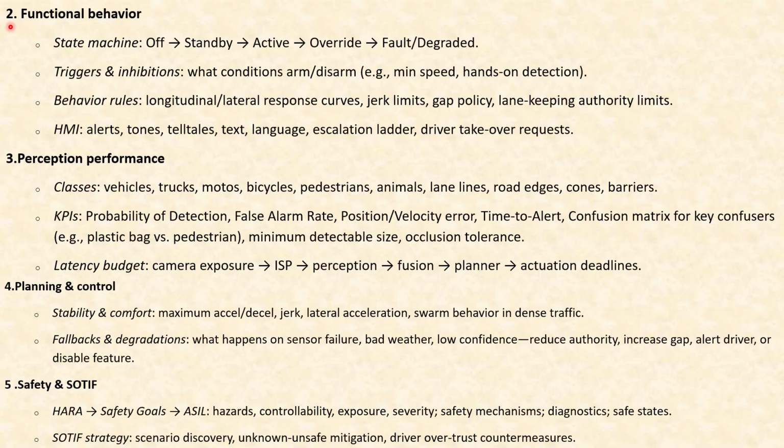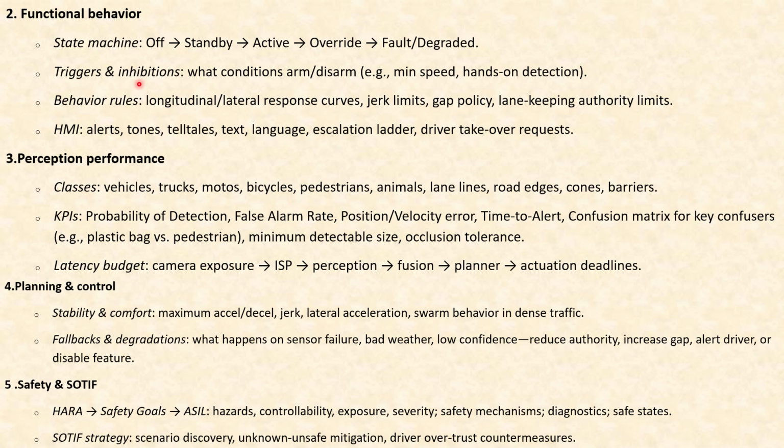And next comes the functional behavior. When it comes to functional behavior, the first is the state machine, whether the state is off, standby, active, override, or fault degraded. All these various states must be clearly outlined.